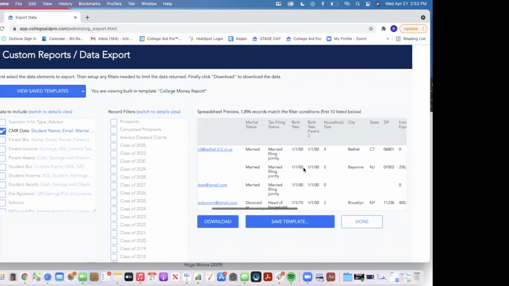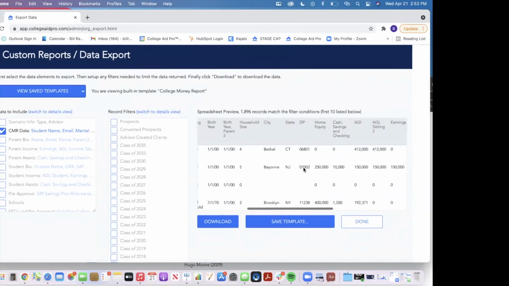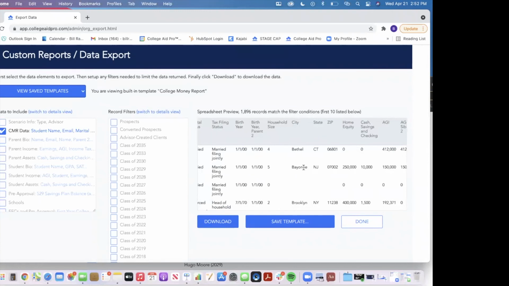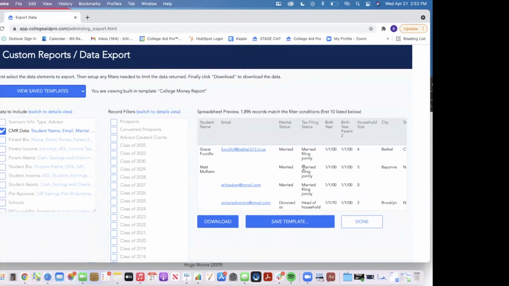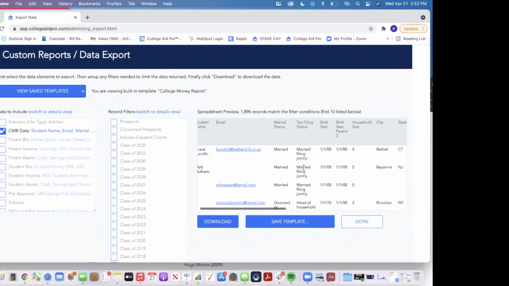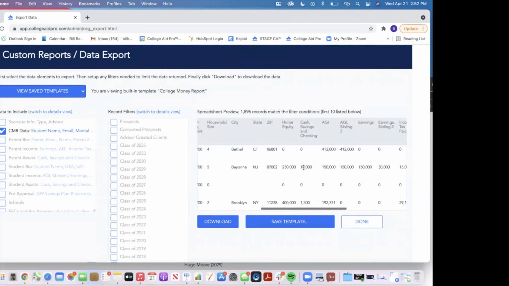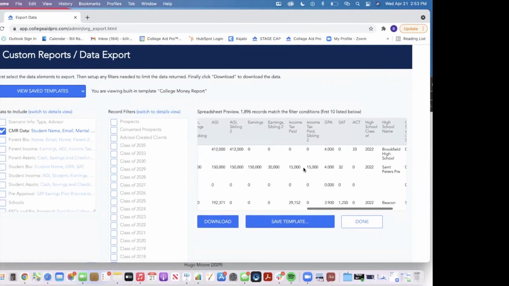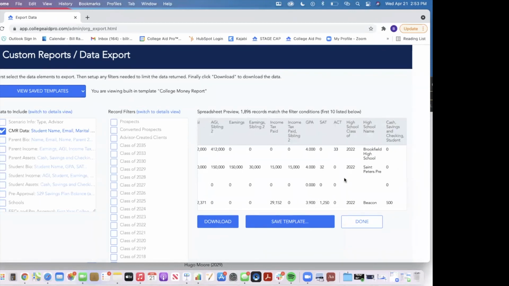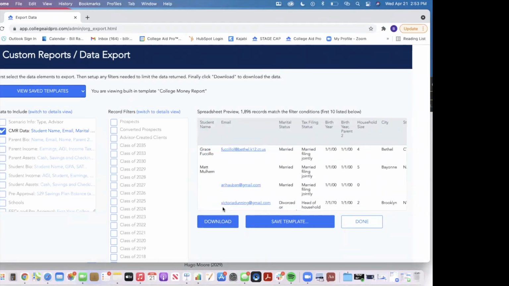So that's automatically going to pull in all of the information that comes via your college money report, or AKA your prospects, right? So it pulls everyone in. We can get their name, their emails, what their adjusted gross income is. Do they have siblings? What their class year is. And then we can slice and dice this as we want. We can download it to an Excel. It's already saved as a template here.